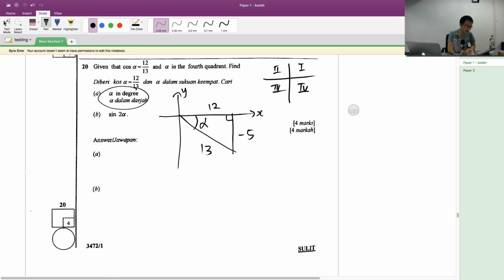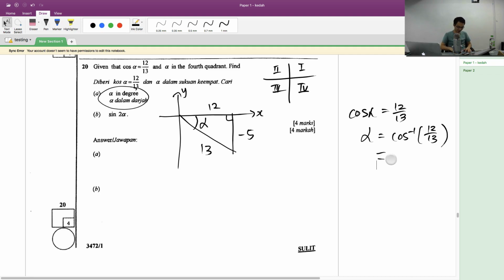I will say cos alpha equals 12 over 13. Alpha equals, move the cos to the other side, cos inverse of 12 over 13. And then I'll use the calculator definitely. Shift cos, make sure the calculator is in degree, 12 over 13. I will get 22.62 degree.